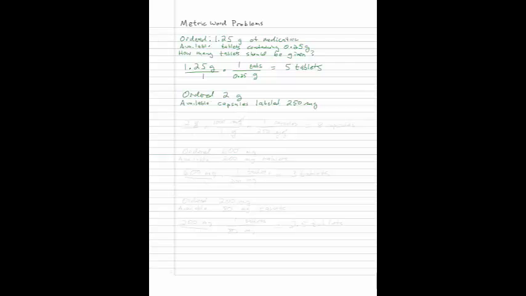So we've got to convert the 2 grams into capsules. But to do that, I'm going to first have to convert grams to milligrams. So we're going to take 2 grams over 1. We want to get rid of grams and convert them to milligrams. So grams goes downstairs, milligrams goes on top. And there are 1,000 milligrams in 1 gram.